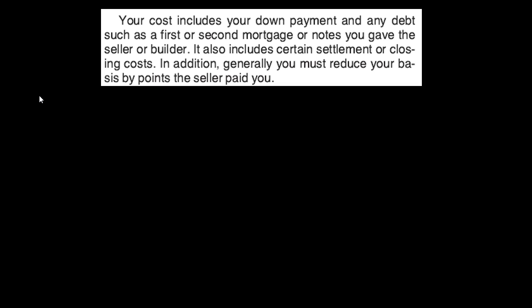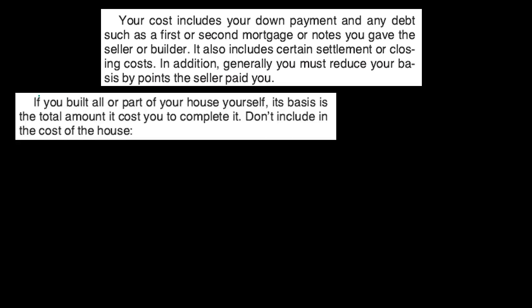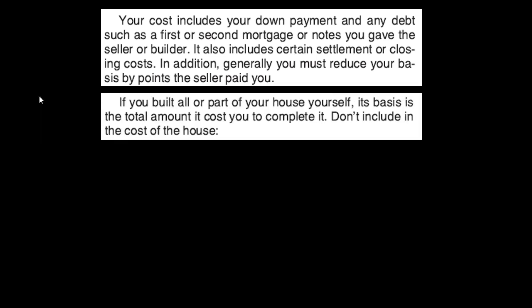Back to the text. Your costs include your down payment and any debt such as a first or second mortgage or notes you gave the seller or builder. It also includes certain settlement or closing costs. In addition, generally you must reduce your basis by points the seller paid you. If you built all or part of your house yourself, its basis is the total amount it cost you to complete it.